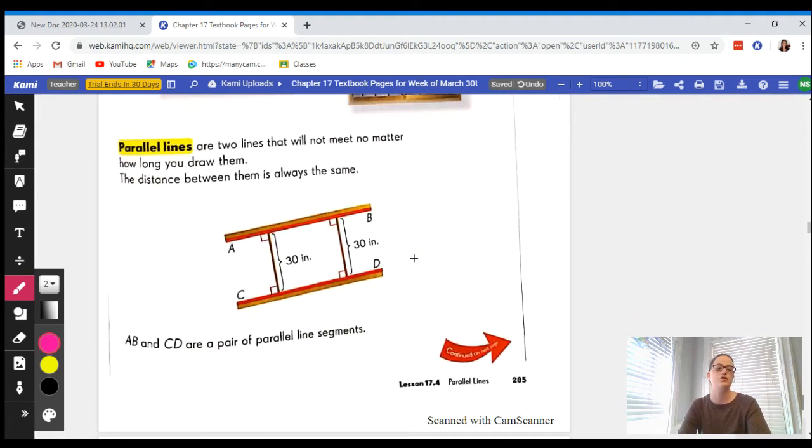So parallel lines are two lines that will not meet no matter how long you draw them. The distance is always the same. So looking at what appears to be a ladder, the distance between AB, named with these right here, and CD will always remain the same no matter how long those lines are. So they are parallel line segments.